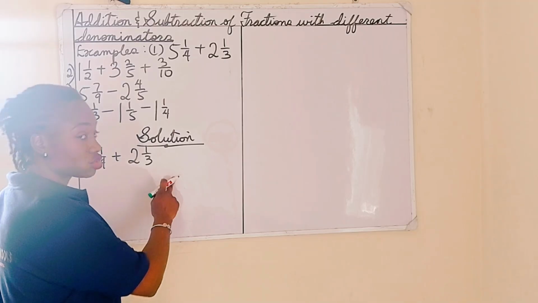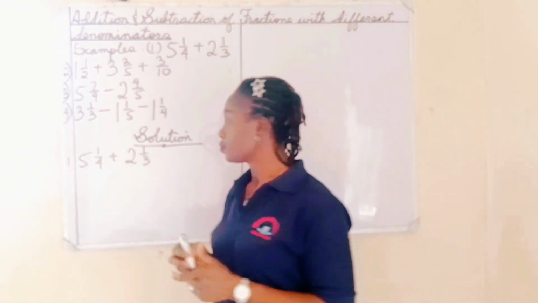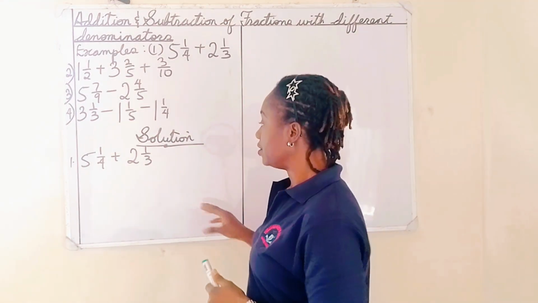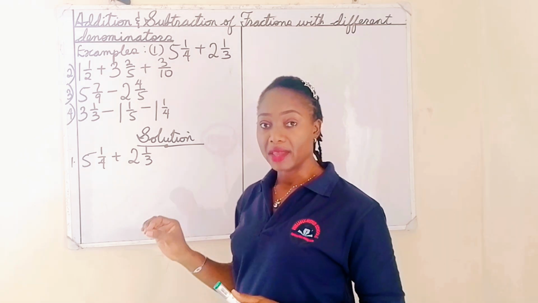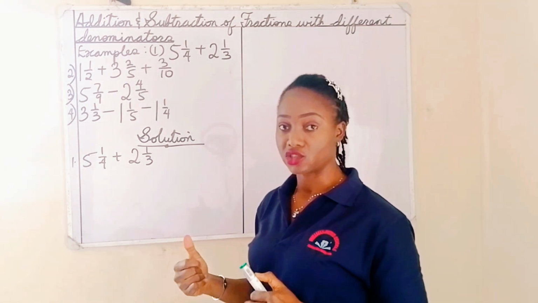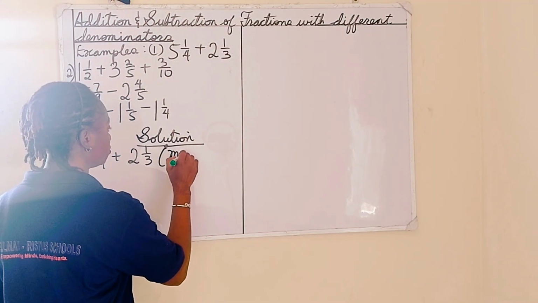We can either convert this to an improper fraction. I'm going to show you two methods on how to solve this. First of all, I'm going to convert this to an improper fraction and then solve it accordingly, while the second method, I'm going to add the wholes first before solving the fraction problem. Now method 1.